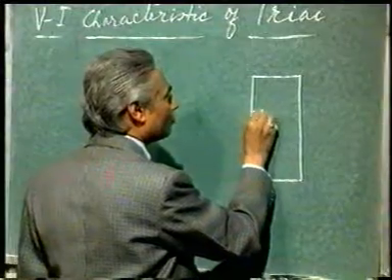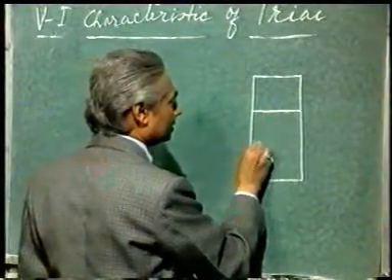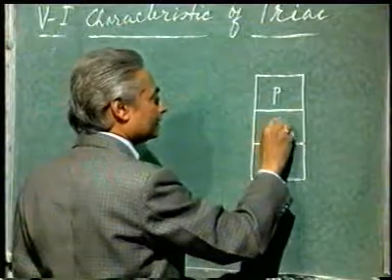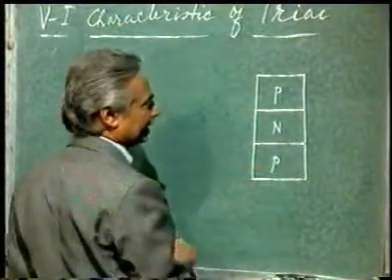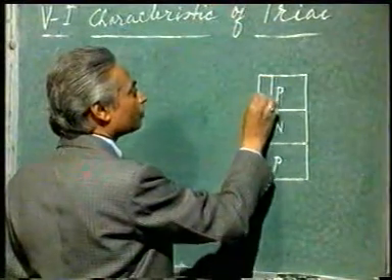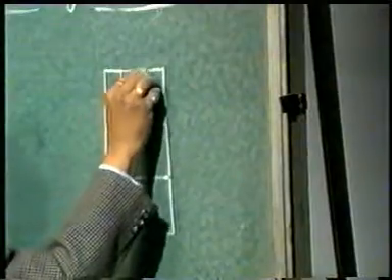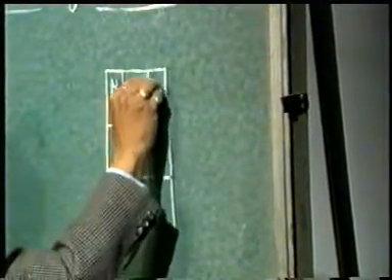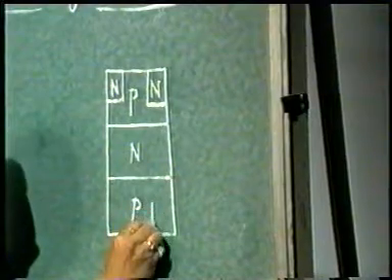You will have one layer here, another layer. So, this is P, this is N, this is again P. You have 2 small n layers like this, one n here, one n here, and another n here.